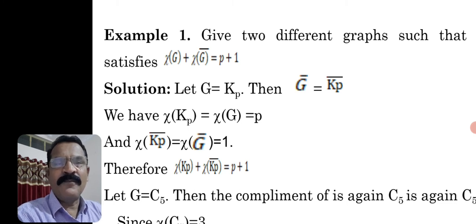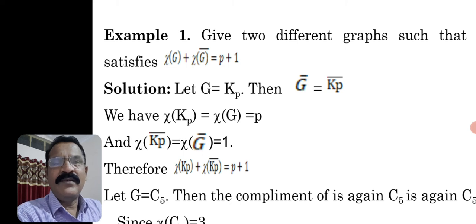So the chromatic number of Kp bar is 1. Therefore, if you add the chromatic number of Kp and its complement, it will be p plus 1, which satisfies the given condition. So Kp is one example.